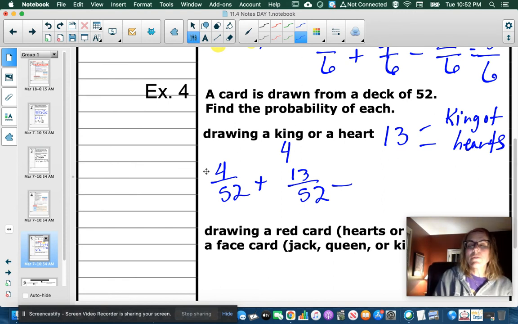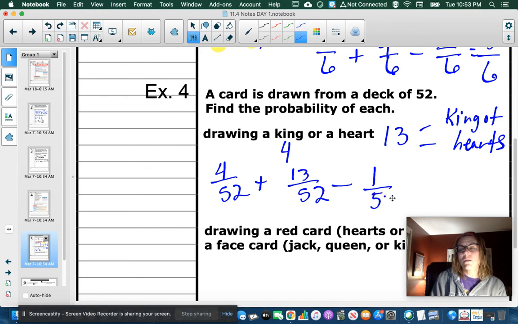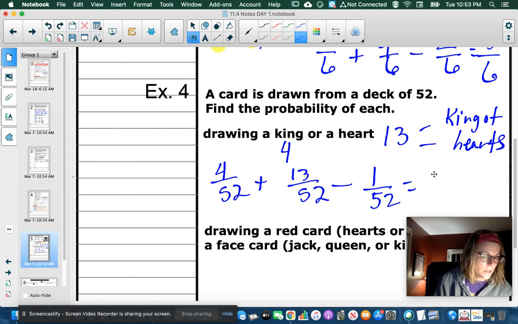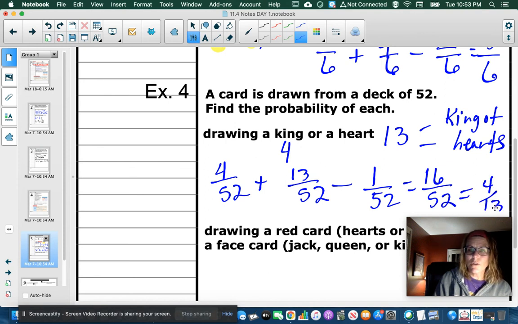So because we have a king in the 4 out of 52 and a king in the 13 out of 52, we have to subtract off the 1 out of 52, the inclusive event. The king of hearts occurs here and occurs here. So 4 plus 13 minus 1 is 16 over 52, which reduces to 4 over 13.